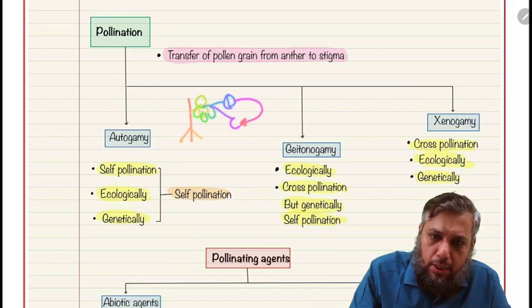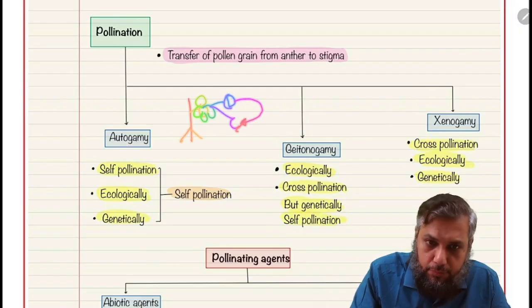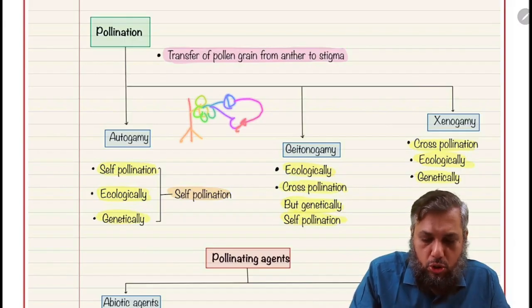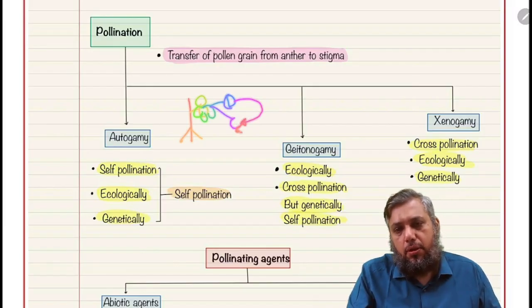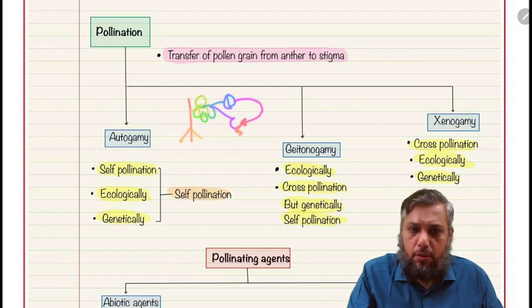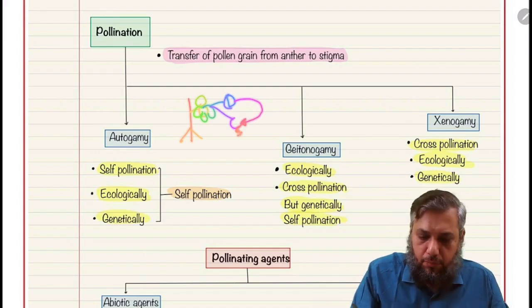So this is a type of self-pollination where ecologically only one flower is used. Genetically, it is only one flower belonging to the same plant. Same plant. So autogamy comes under a type called self-pollination. Sometimes we use the word autogamy as a synonym for self-pollination.